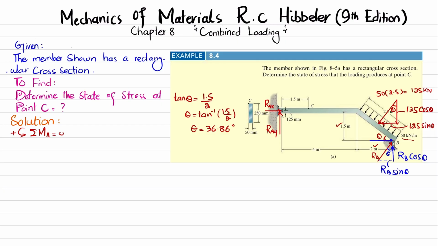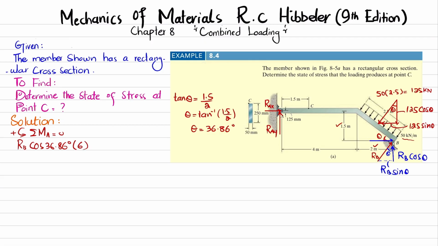So let's apply sum of all moments about point A is equal to 0. So you can see the first force that is producing moment about point A is this RB cos of theta, and perpendicular distance is 6, and that is producing counterclockwise moment. So it will be positive. So I can write it RB into cos of 36.86 degree into 6.